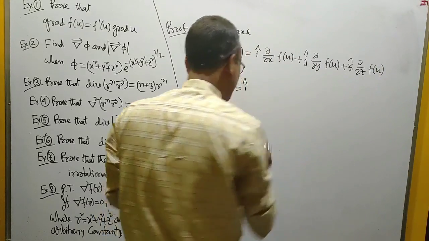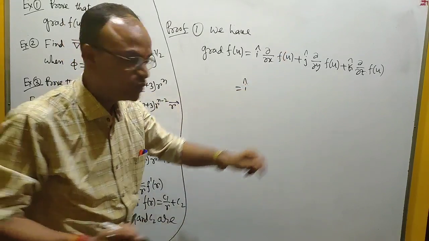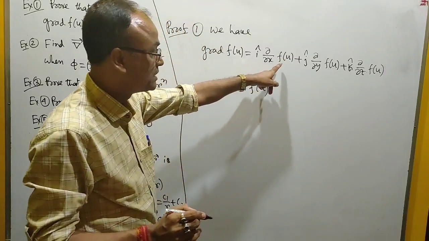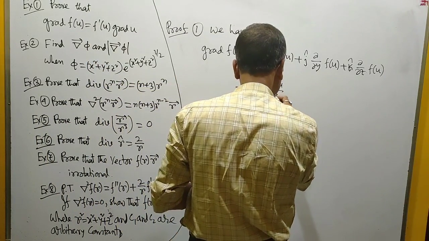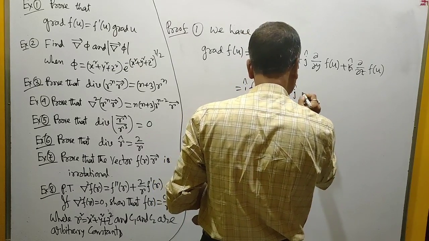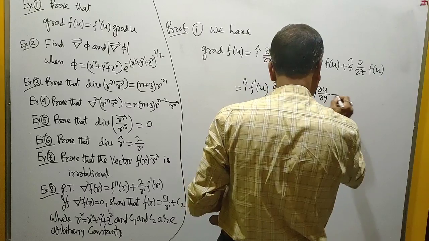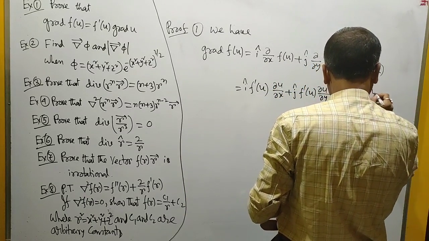This is equal to i cap, differentiate this with respect to u, then you will get f'(u). Now you will have to differentiate u with respect to x, partially, ∂u/∂x, plus j cap f'(u) ∂u/∂y plus k cap f'(u) ∂u/∂z.